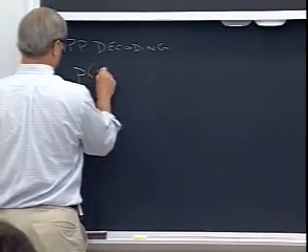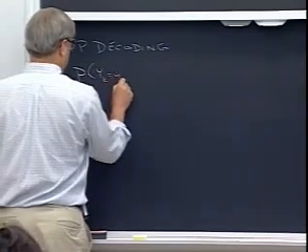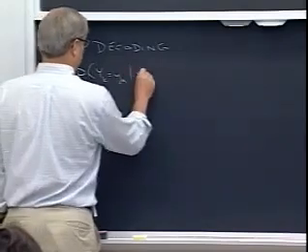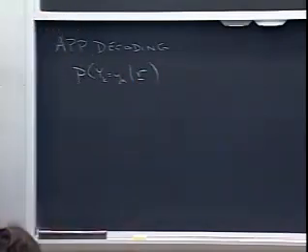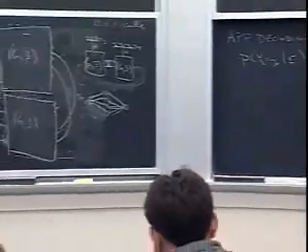Let's call it the probability that some external variable yk takes on some particular value yk, given the entire received sequence.